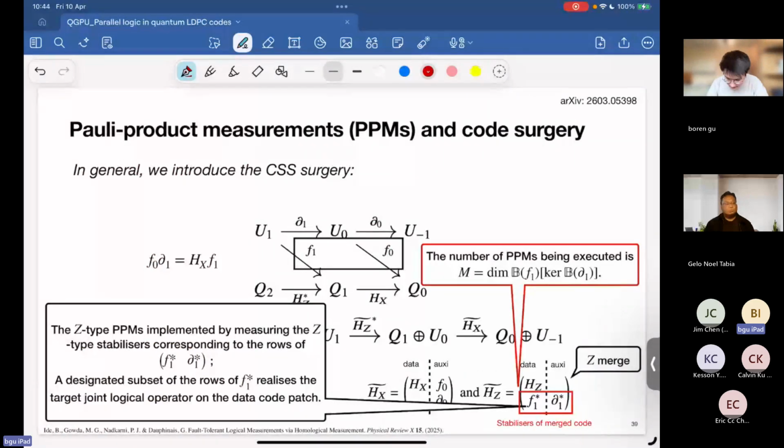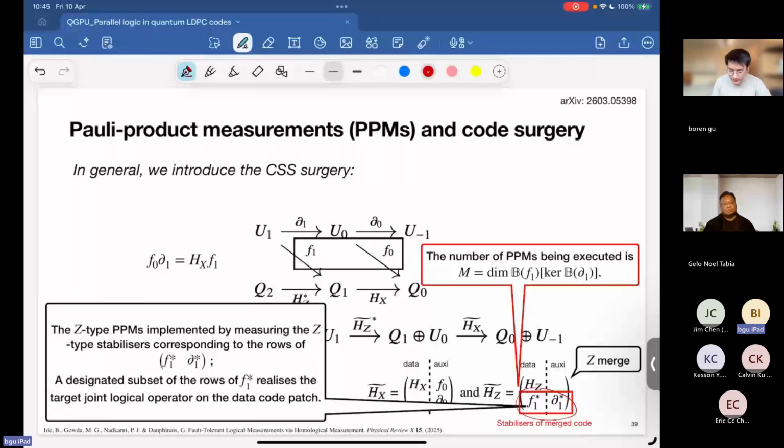So one more thing is that the number of PPMs being executed is calculated as follows. Here B is simply for the binary representation, because we ultimately want binary ones. It's not something quite difficult, it is simply a readout from this structure.